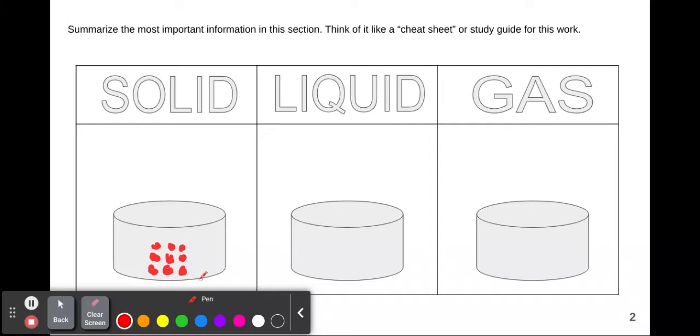They only have a little movement. They just tend to vibrate in place. So that's how they maintain their shape. And the reason why they don't take the shape of their container or fill their container is because they just don't move very much.